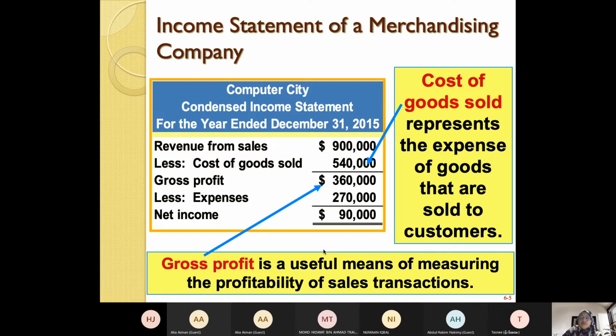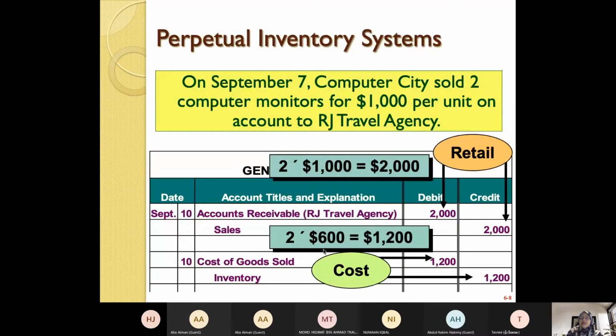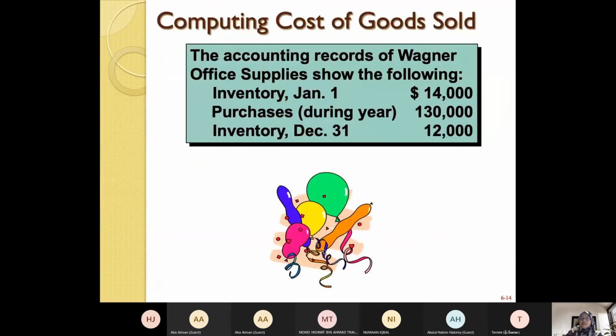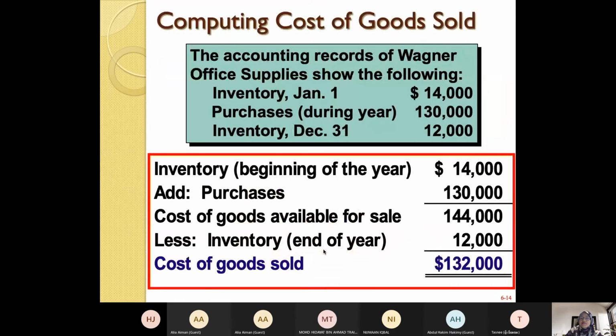But for your periodic, you have to find that COGS. That COGS is derived from the formula where you have your opening balance plus your purchases minus your inventory at the end of the year. Later when we do our tutorial questions, you'll be able to understand this better.